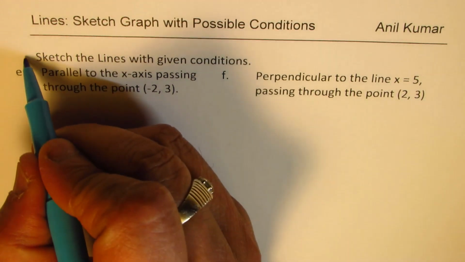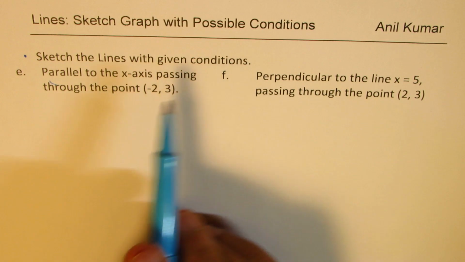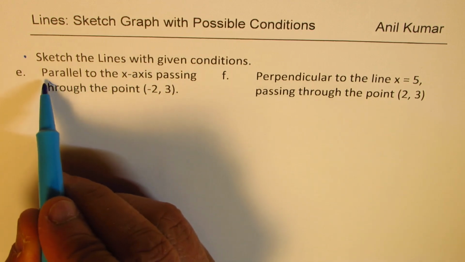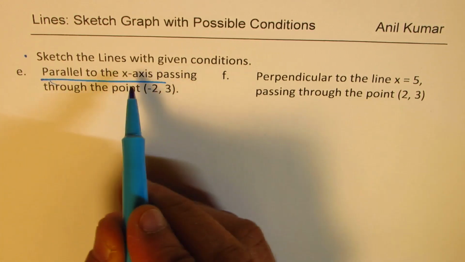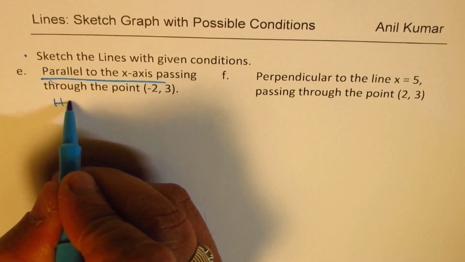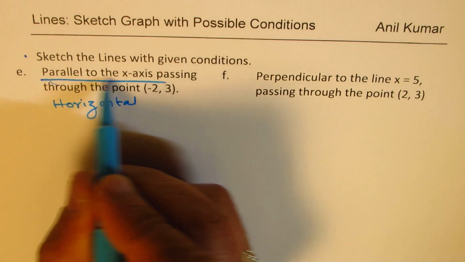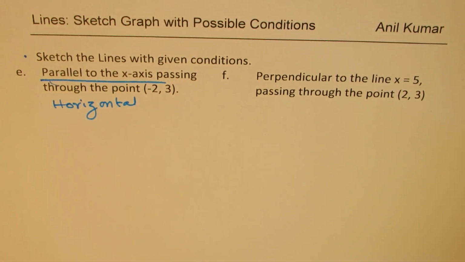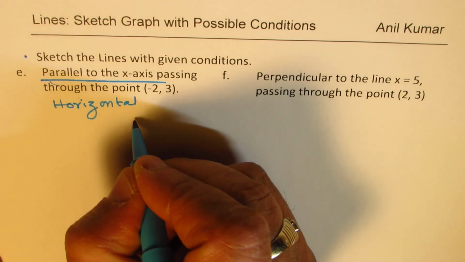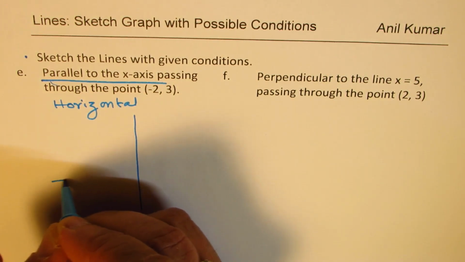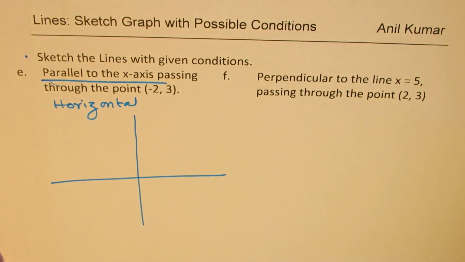So the question here is to sketch the line with the given condition: parallel to x-axis, which means horizontal. Horizontal lines are parallel to x-axis, and the given point is (-2, 3).